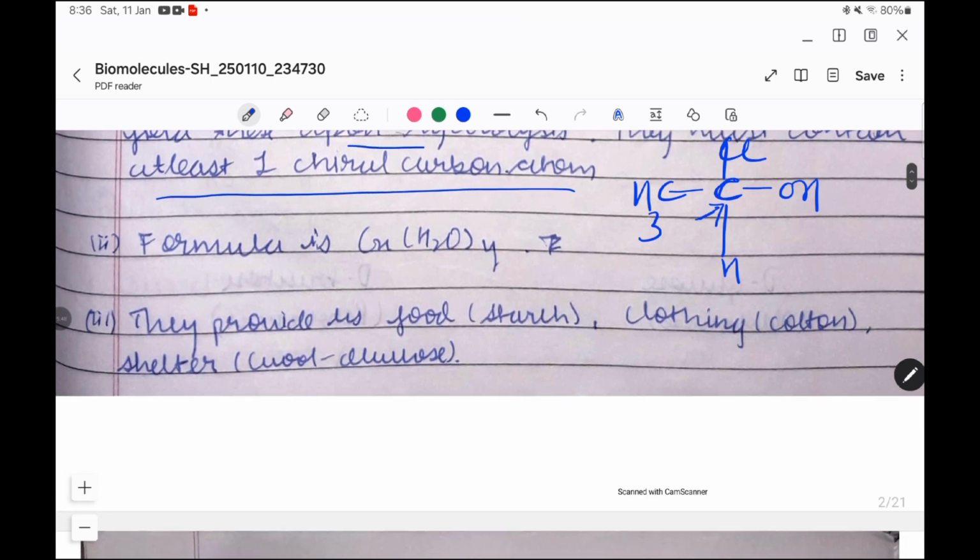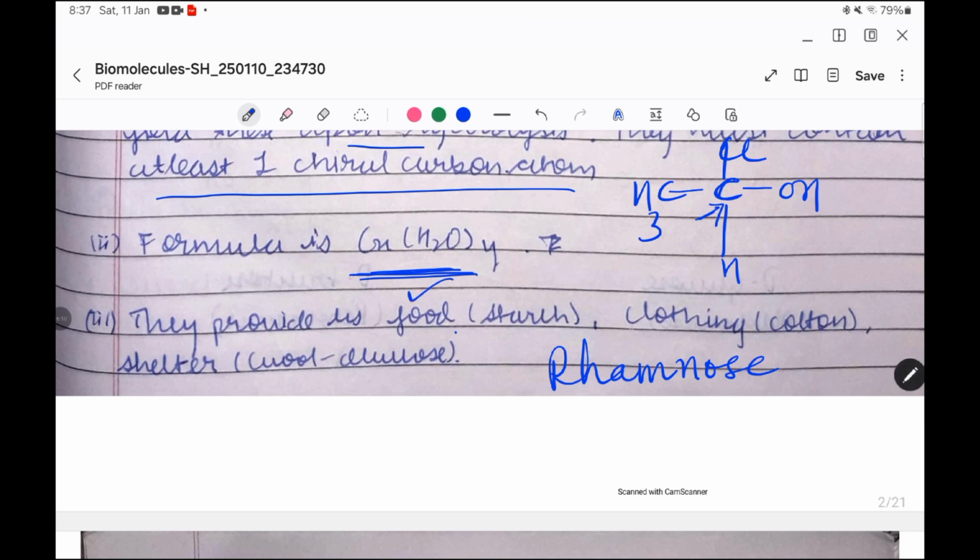The formula CxH2O times is not a good formula because not all carbohydrates fit into this definition. We have seen the example: rhamnose is a carbohydrate, but it does not fit that definition. They are important for us.